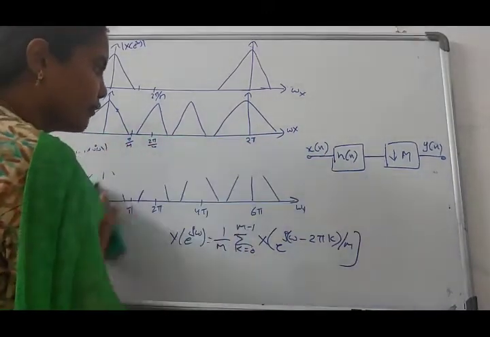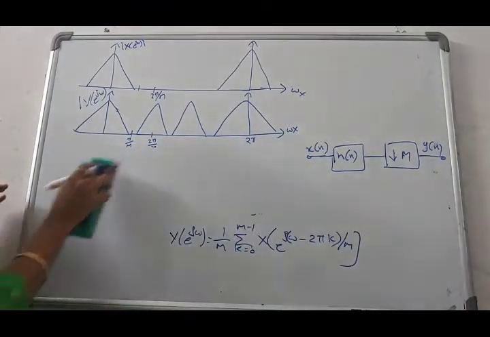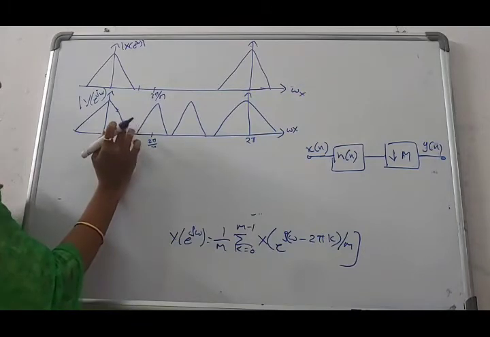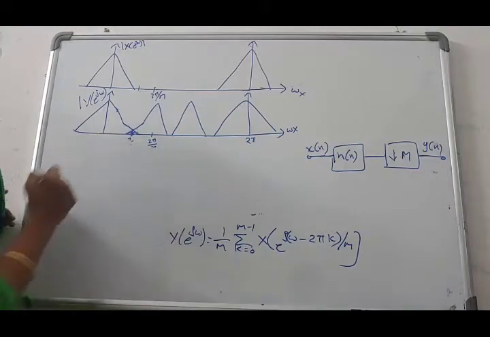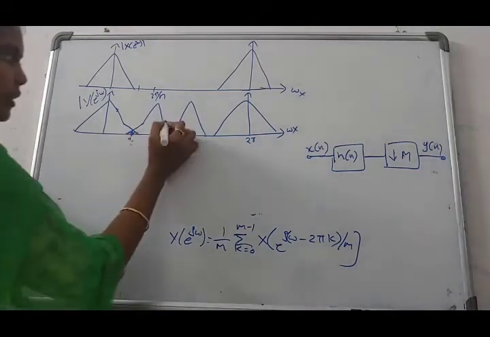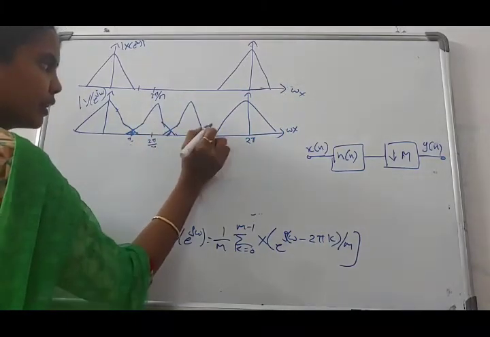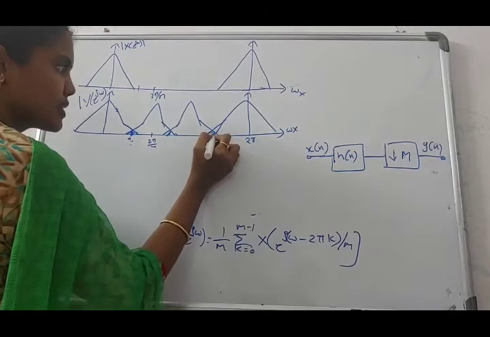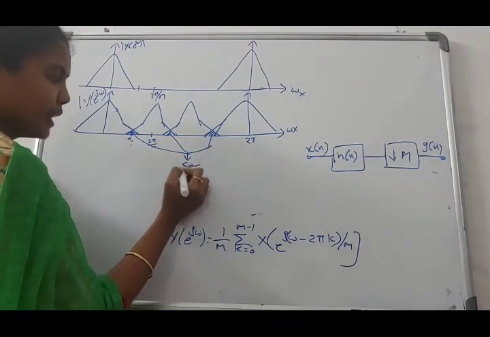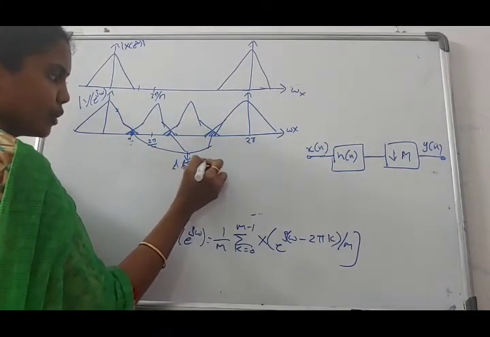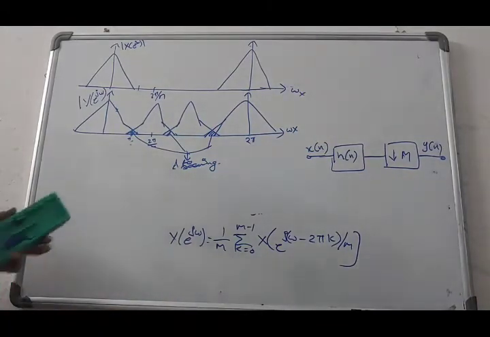Here there is overlapping. If the signal is not band limited, there is overlapping, and here also there is overlapping between signals. So this effect is known as what? Aliasing effect.